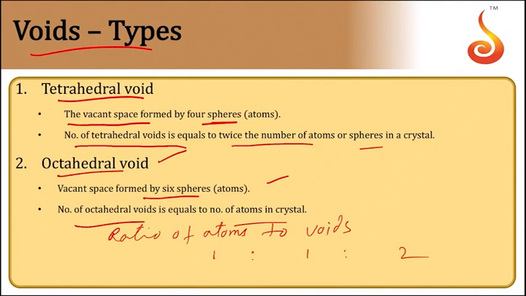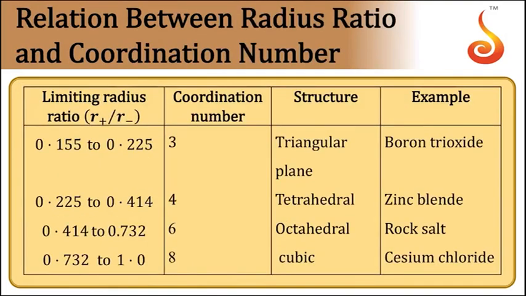Means here number of atoms, so 1 we have. Then this 1 will be octahedral void. The 2 will be tetrahedral voids we have now. So 1 atom will have 1 octahedral void and we have there 2 tetrahedral voids. So the ratio of the atoms to voids in all crystalline structures if they are close packed.